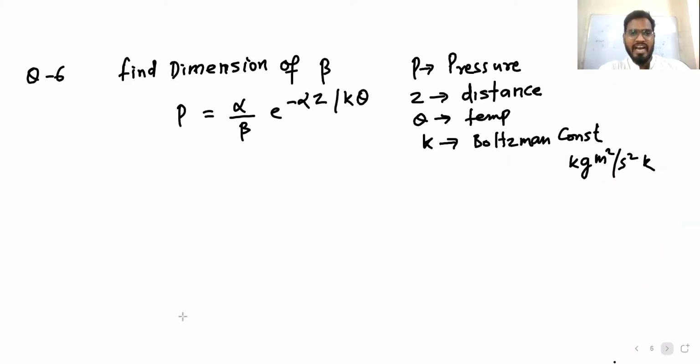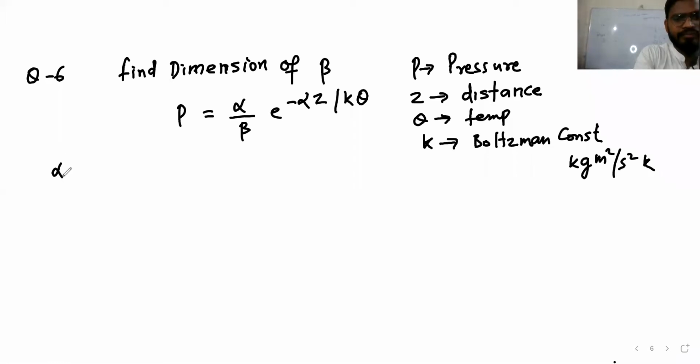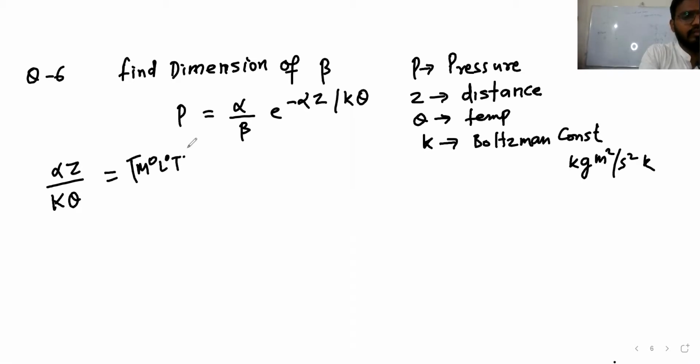Find the dimension of beta, where P is pressure, Z is distance, theta is temperature, K is the Boltzmann constant in kg meter square per second square Kelvin. Okay, so let's first find alpha. Again, we can say alpha Z by K theta is dimensionless, means M0 L0 T0, correct?